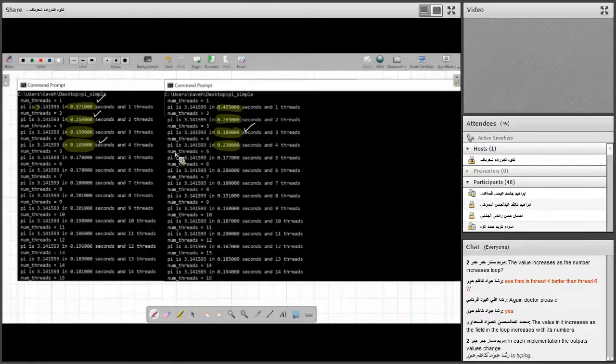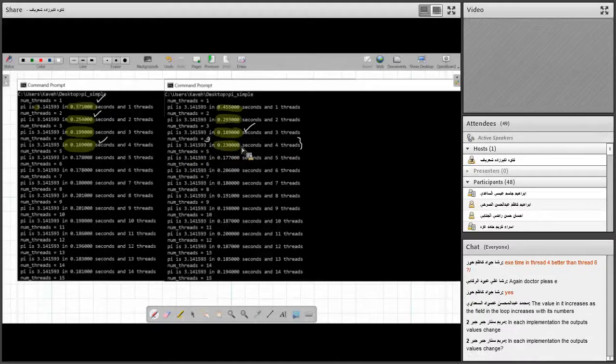Or even, in this case, increasing the number of threads affects the execution time inversely and increases it. As you can see, increasing the number of threads from 3 to 4, instead of reducing the time, actually increased the execution time.